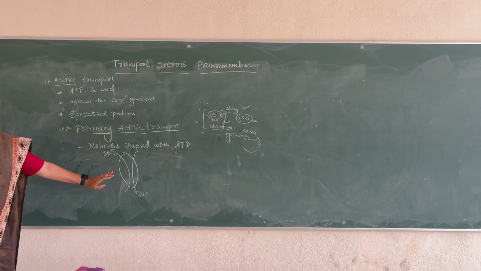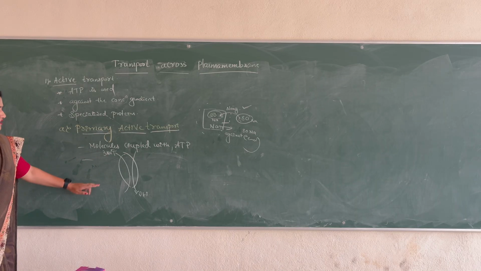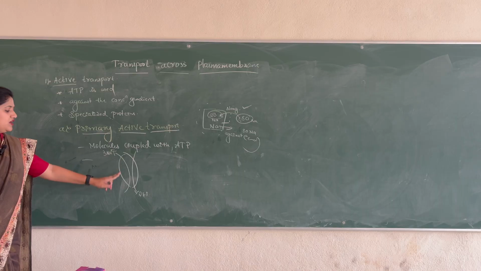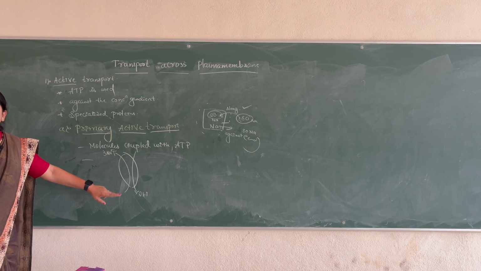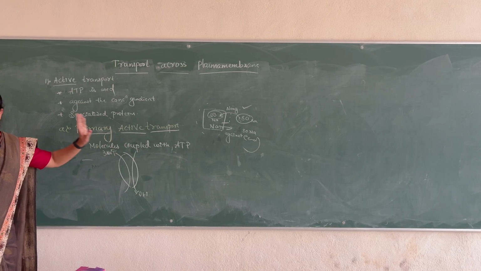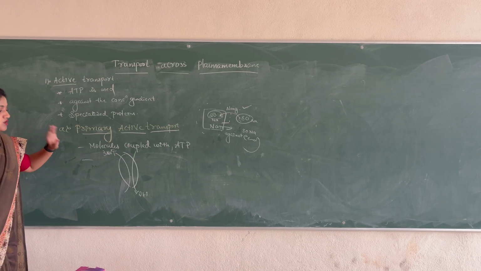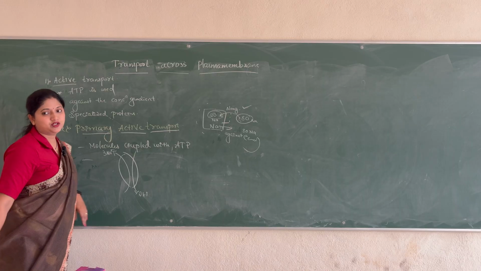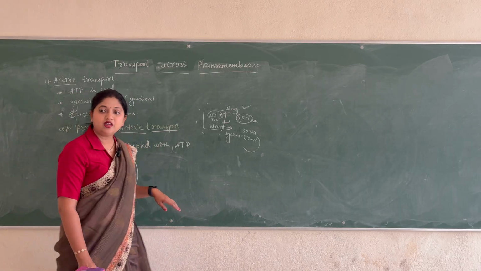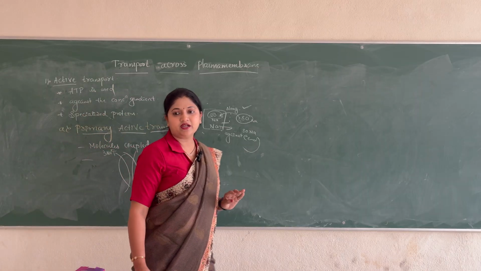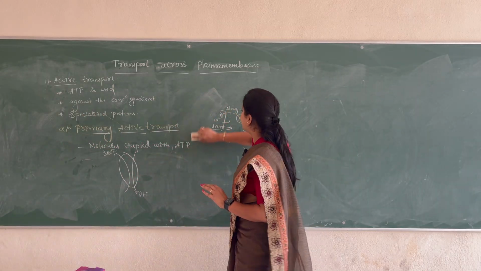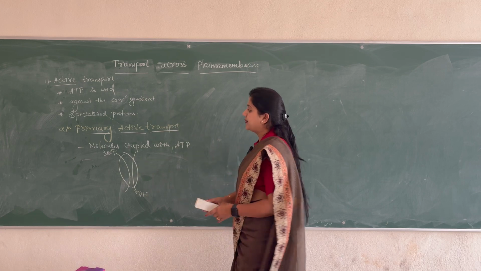This is happening in the presence of energy: for every 3 sodiums and 2 potassiums pumped out and in, one ATP molecule is utilized. So the sodium potassium pump is an example for the primary active transport, which is coupled with the utilization of the metabolic energy.